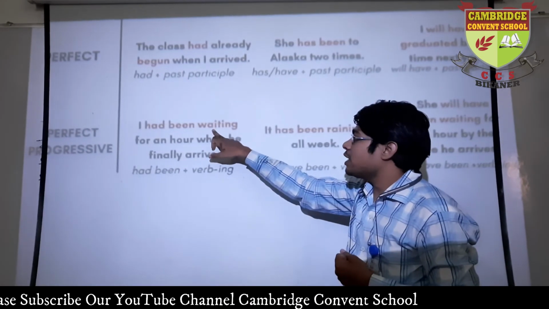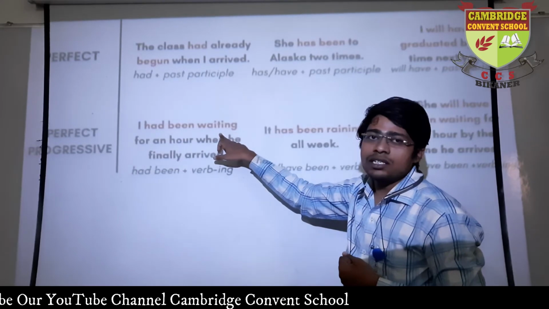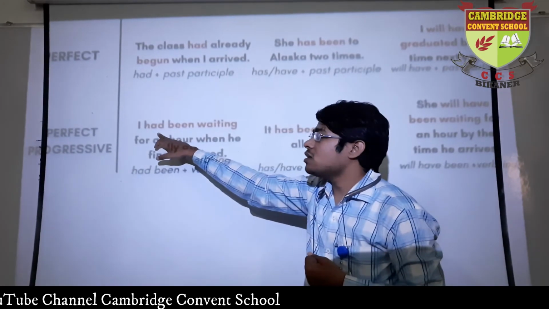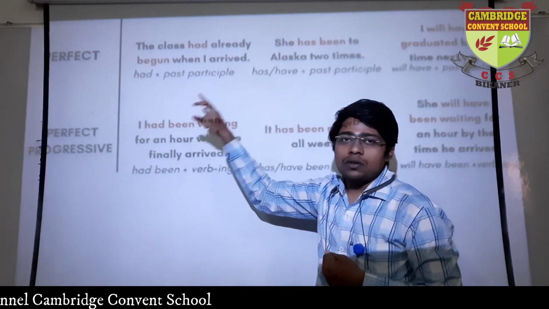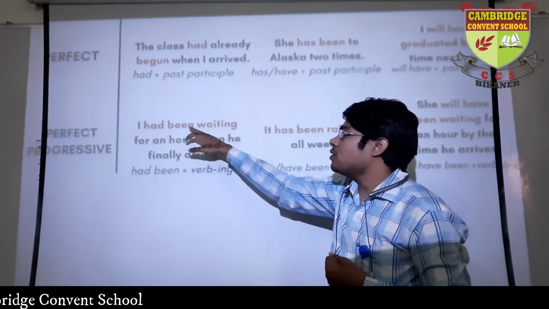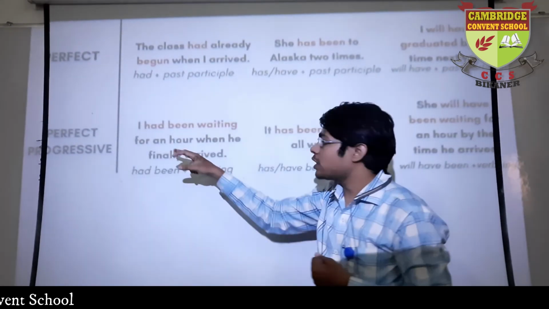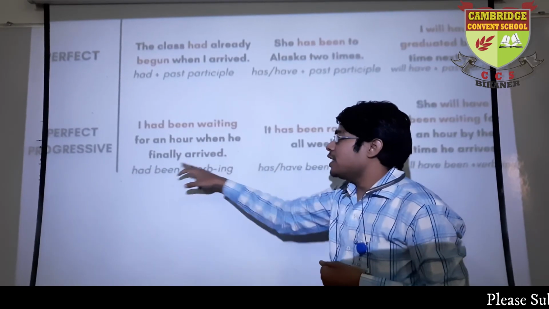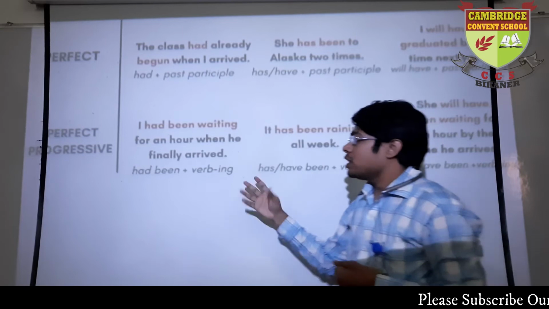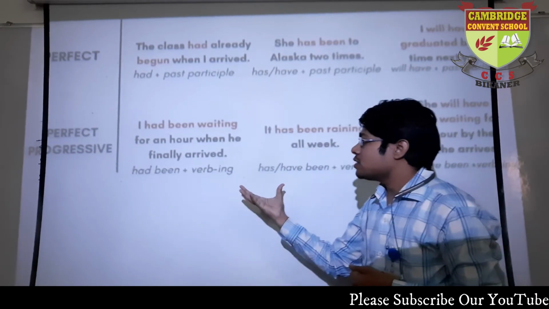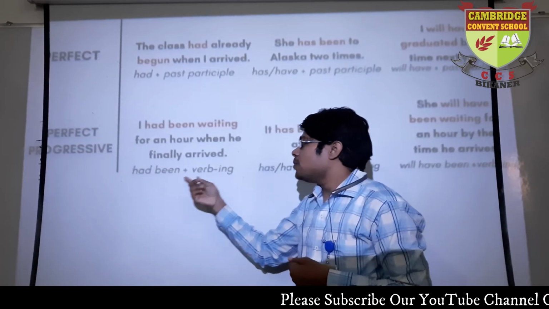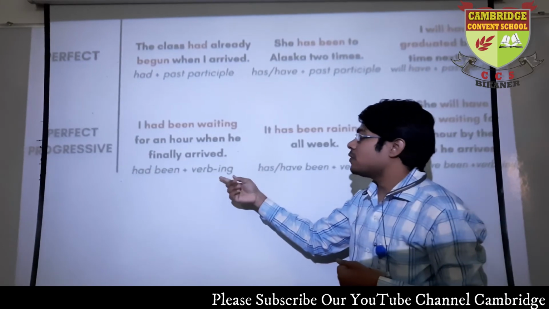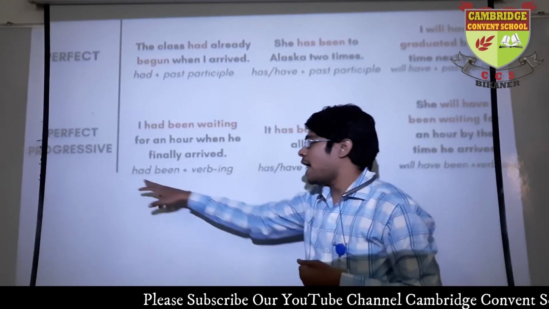Here we can see wait plus ing is waiting. Had is a helping verb of the past perfect tense, and been is the verb in the third form. I had been waiting for an hour when he finally arrived. The structure of this tense is had been plus verb first form plus ing. Had been.